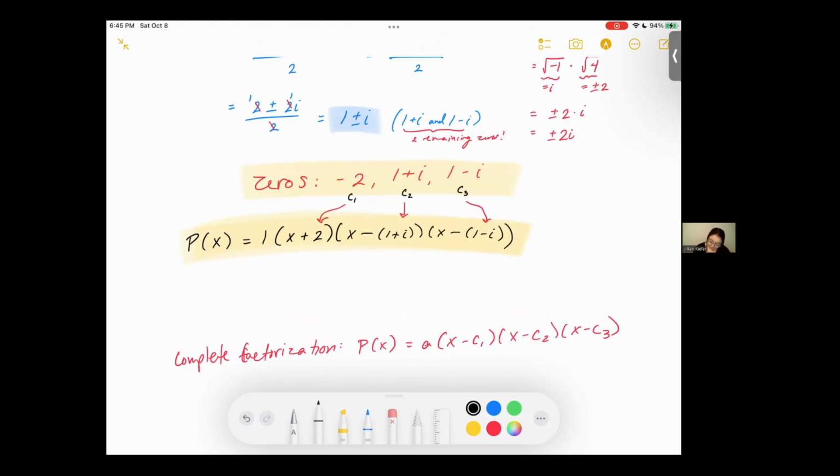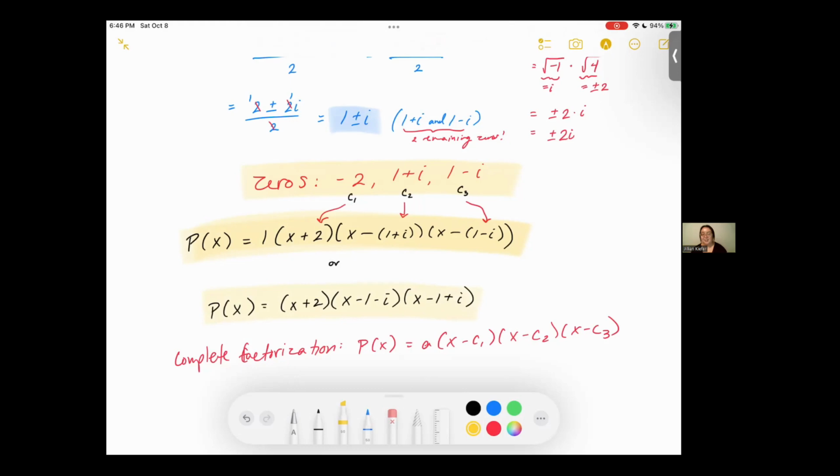Or you could simplify, so say p of x is x plus 2, and x minus 1 minus I, and x minus 1 plus I. So you could write it this way as well. Either way would be correct, either more simplified or a little less simplified. They are the same. Once again, I believe WebAssign takes both, and either one is completely okay on the exam.